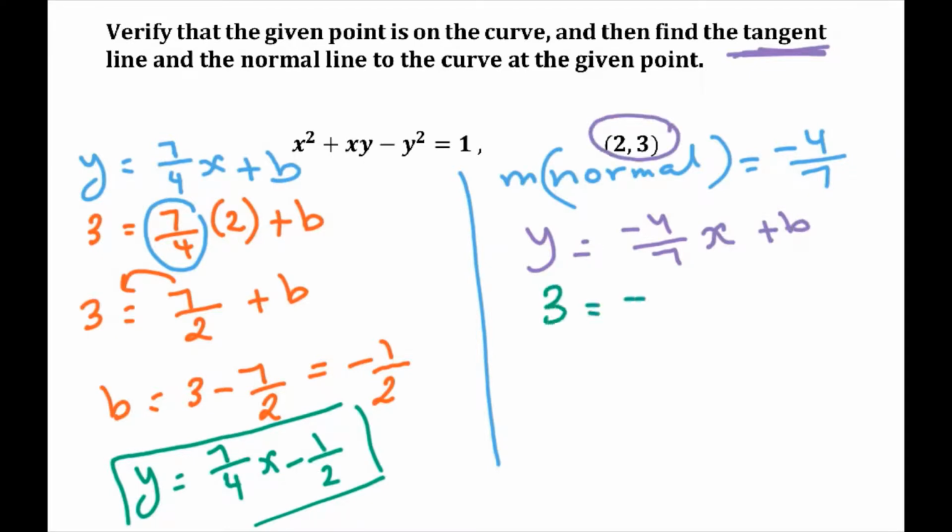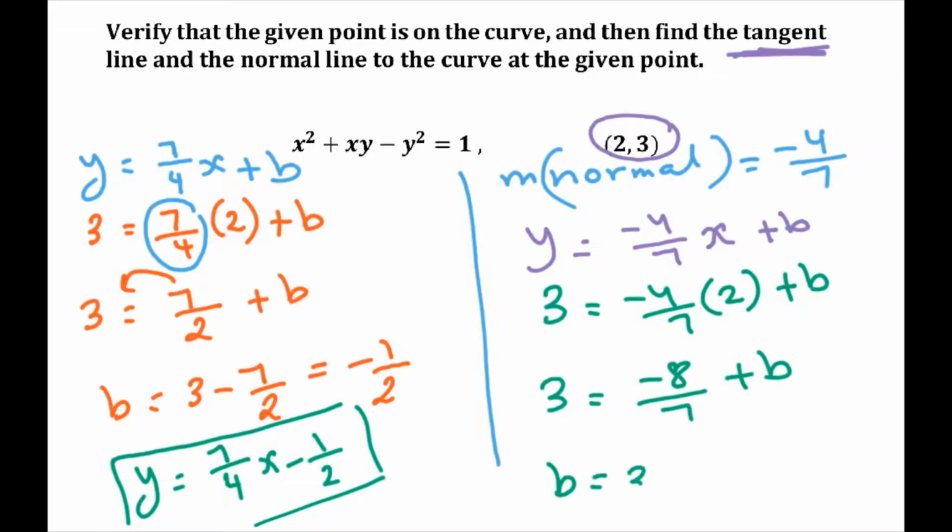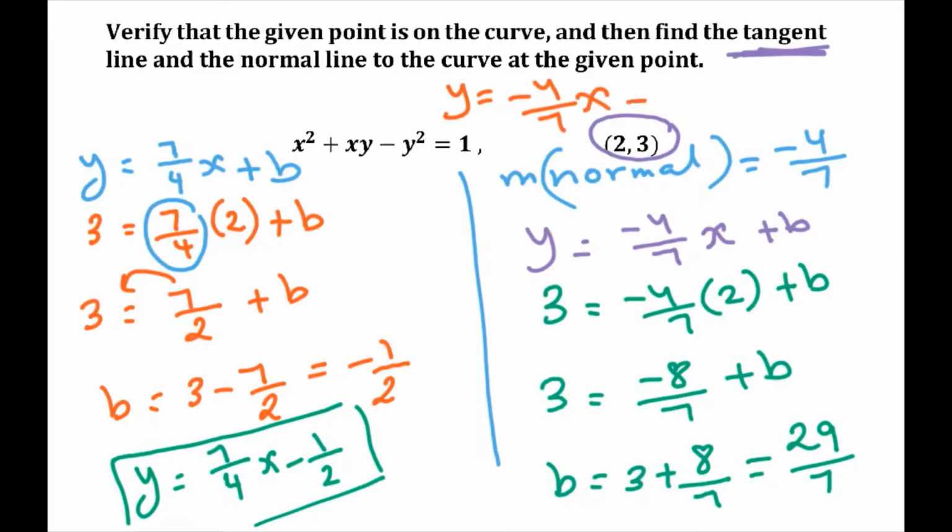So 3 equal -4/7 times 2 plus b. So b equal 3 plus 8/7, which is equal to 29/7. So the equation of the normal will be y equal -4/7 x plus 29/7. So this is the equation of the normal.